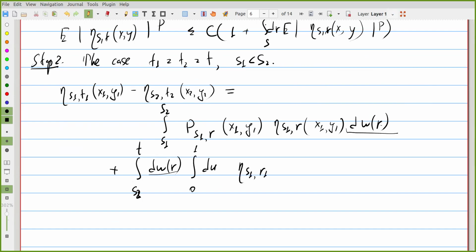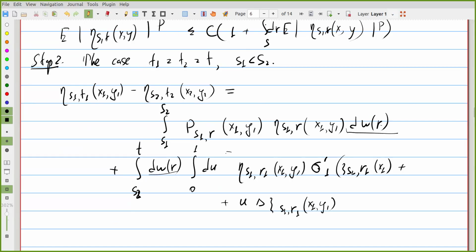The S1, R1, X1, Y1, X1 plus U delta psi S1 R1 X1 Y1, minus eta sigma 1, but for S1, S2, R, X2, Y2.